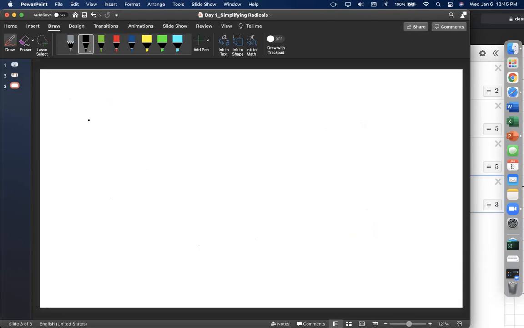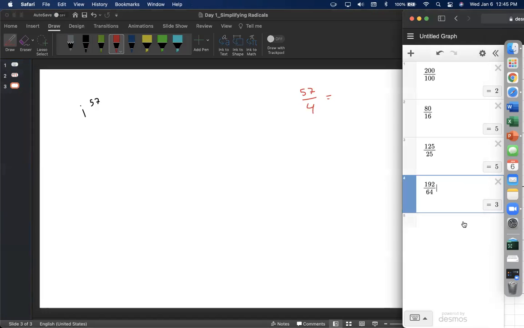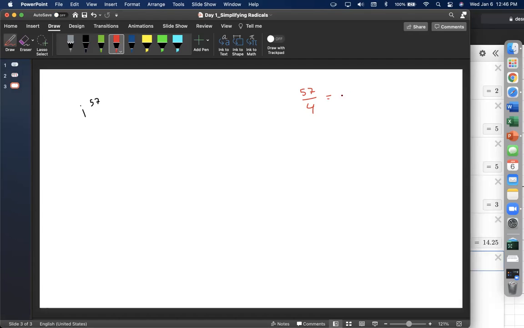So let's find i up to the 57th power again. We can do this math on the side. 57 divided by 4 equals 14.25. So we are looking for whole numbers only.